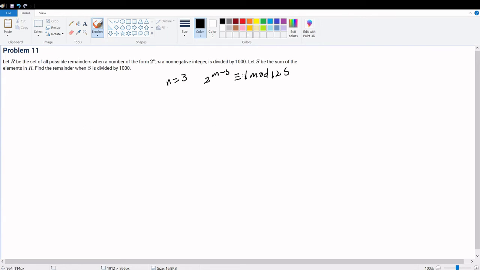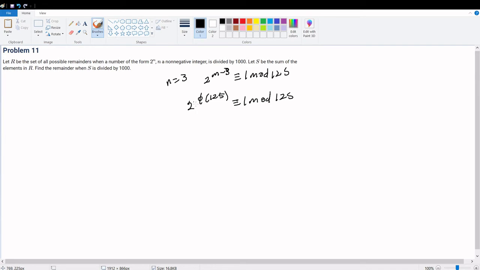Alright, so just to pick up where we left off, we found that this smaller power of 2 is equal to 3, and we found that 2 to the m minus 3 is congruent to 1 mod 125. I hope this 2 to the something is congruent to 1 mod 125 looks very familiar, especially if you watched last video, because we know that 2 to the phi of 125 is congruent to 1 mod 125.